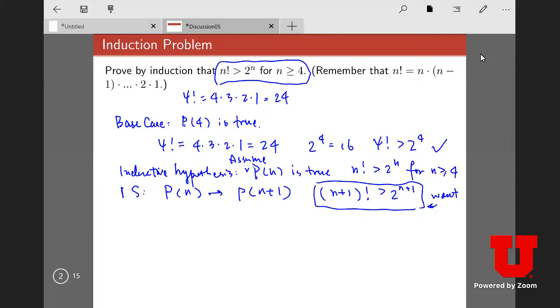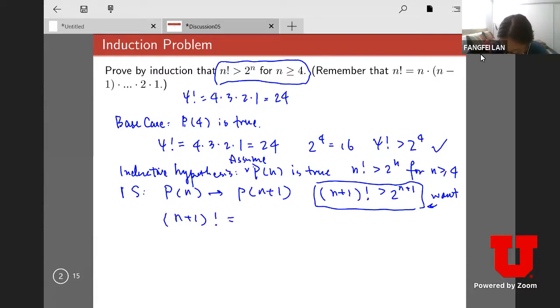So if we write out the factorial n plus 1, we would have n plus 1 times n factorial. Yep, that's exactly what we do. So n plus 1 factorial is n factorial times n plus 1. So we take out the last term.